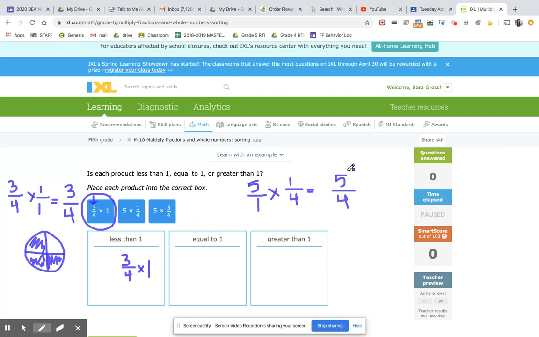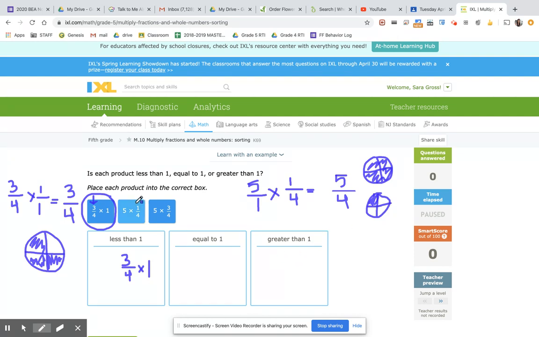Well, I'm noticing that my numerator is bigger, so I know it's greater than 1. But just to prove it, let me do it this way. Fourths: I'm going to break 2 circles into fourths, and I'm going to color in 5 of them. 1, 2, 3, 4, 5. So here's 1, and I colored in more than 1.